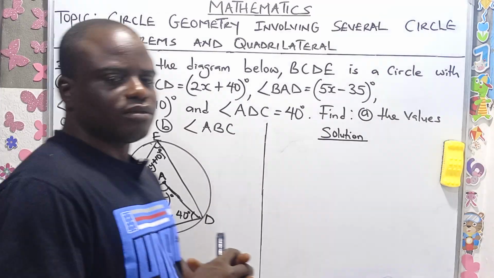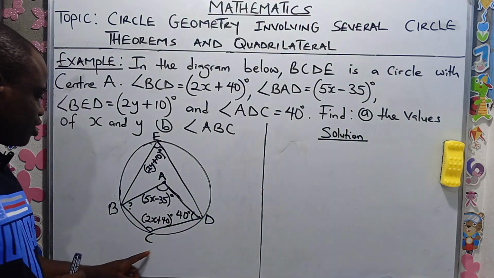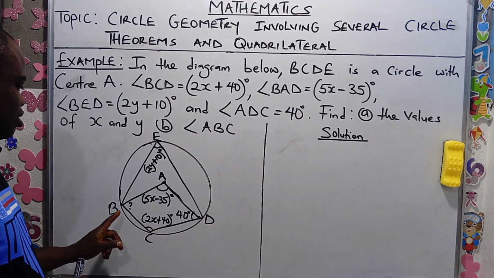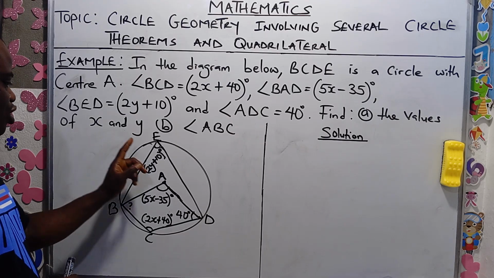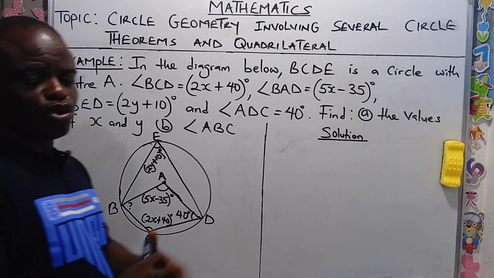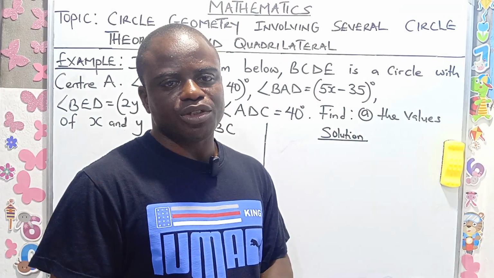Due to that, you can now say angle BCD plus angle BED equals 180 degrees, which means that they are supplementary.